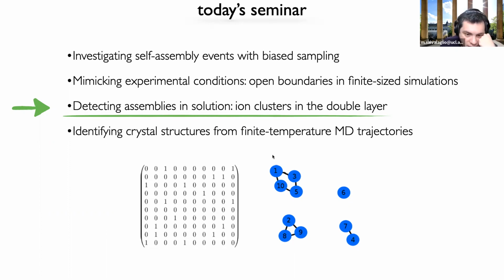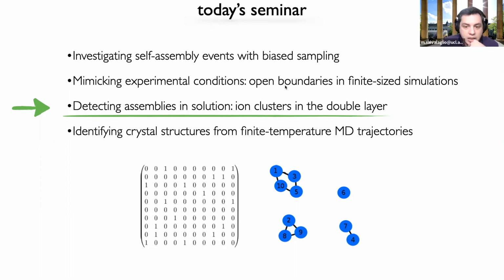And then by interpreting this adjacency matrix as a graph, we are able to identify the connected components of the graph as the clusters in the system. And by enumerating the number of elements or nodes that belong to every connected component, we are also able to identify on the fly the size of the clusters involved in the process.